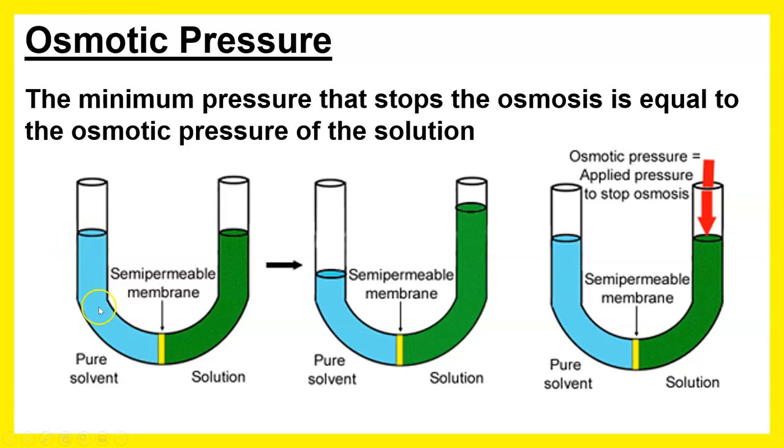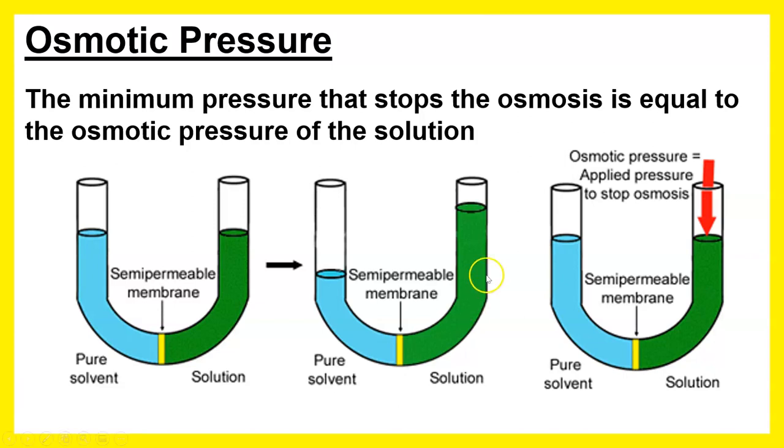The blue over here is pure solvent, and over here is a solution where you have your solute particles mixed in. If you were to just let this sit, the solvent would start going into the solution side, trying to dilute it. It doesn't like that there's a difference in concentrations. It's trying to come over here and dilute it to make them closer to equal concentrations.